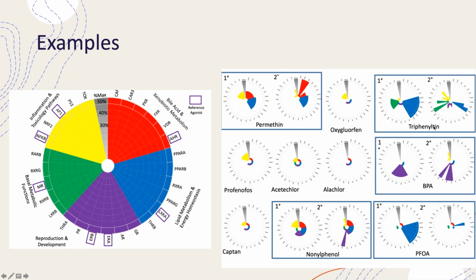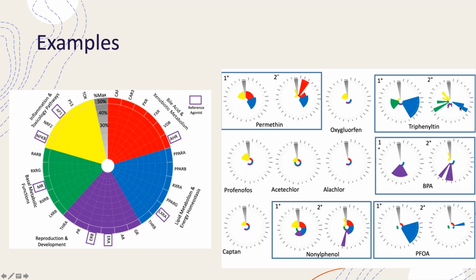And if you do this initial screening with some important contaminants of concern, let's look at the triphenyltin over here on the right. You can see in the panel approach, we're getting regulation of this lipid metabolism, as well as the basal metabolic functions.